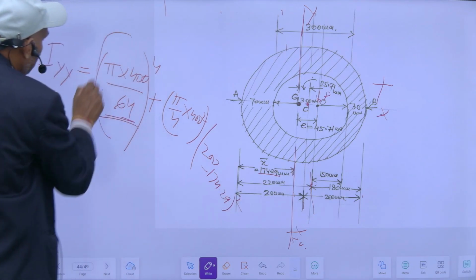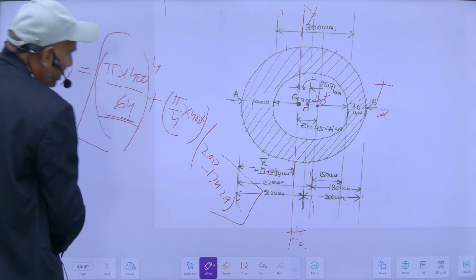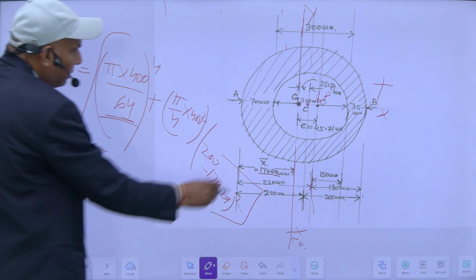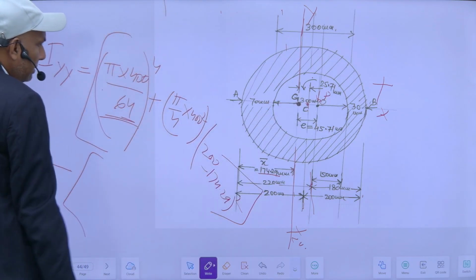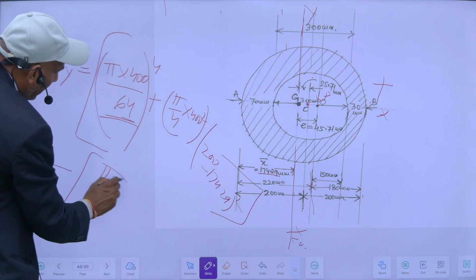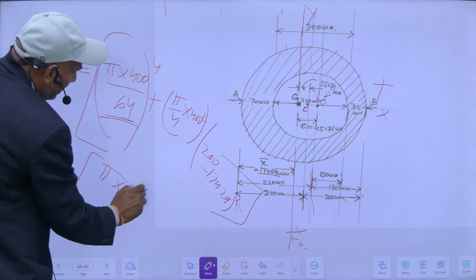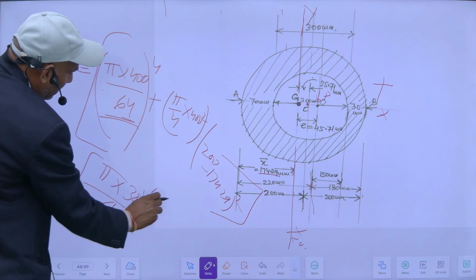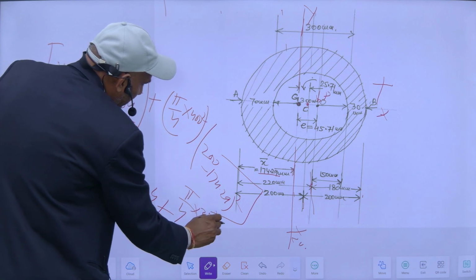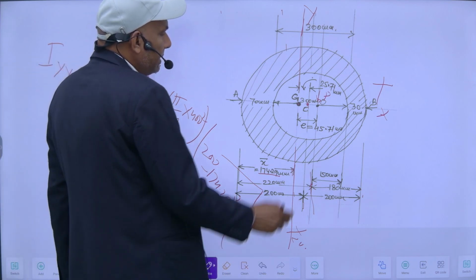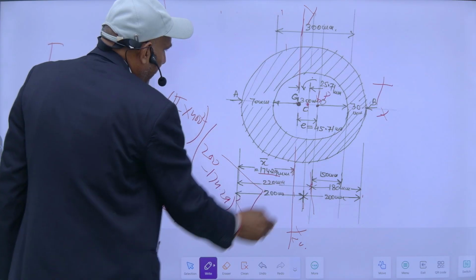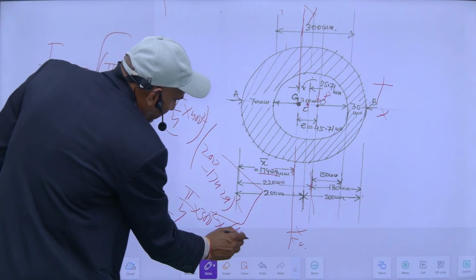With this I will get the moment of inertia of the whole circle, and I have to subtract the moment of inertia of the bore also. For this I will put a minus here. For the bore, the moment of inertia will be pi by 64 into its diameter 300 to the fourth, plus its area into its distance from the G, which is 45.71 squared.